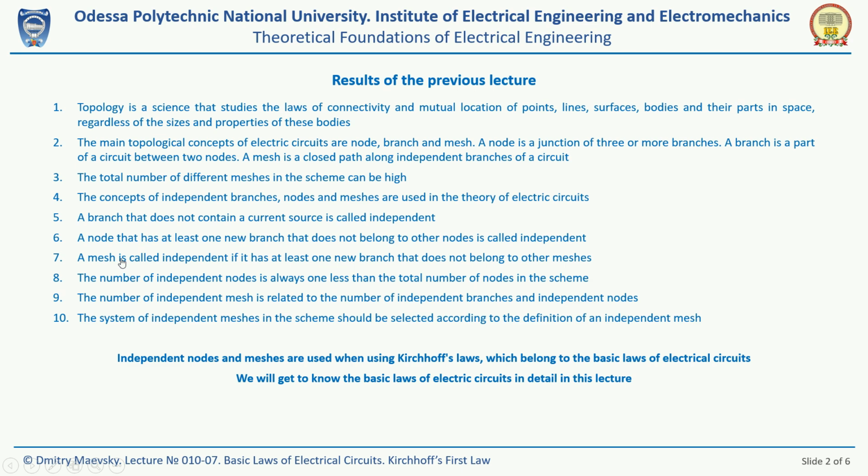A mesh is called independent if it includes at least one new branch that is not part of other meshes. A mesh can be formed only by independent branches. The number of independent meshes in the scheme can be calculated if the number of independent branches and the number of independent nodes is known.